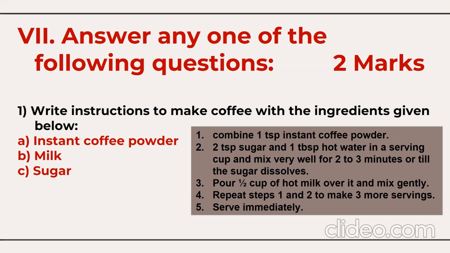Combine 1 teaspoon instant coffee powder, 2 teaspoons sugar, and 1 teaspoon hot water in a serving cup. Mix very well for 2 to 3 minutes till the sugar dissolves. Pour half cup of hot milk over it and mix gently. Repeat steps 1 and 2 to make 3 more servings and serve immediately. So this is how you need to make the instructions.